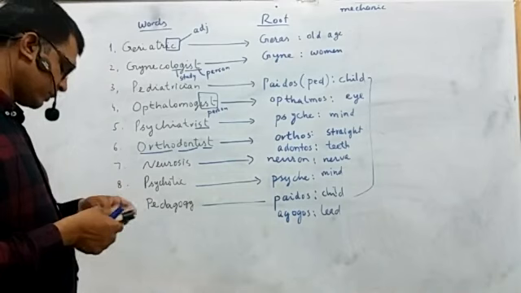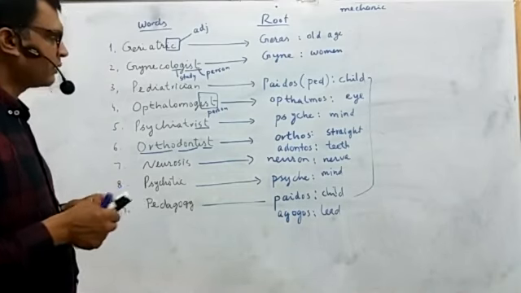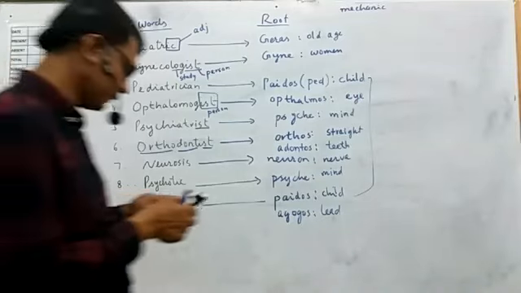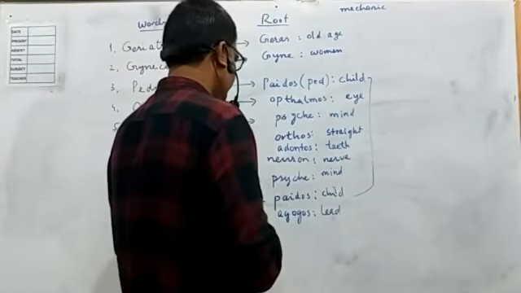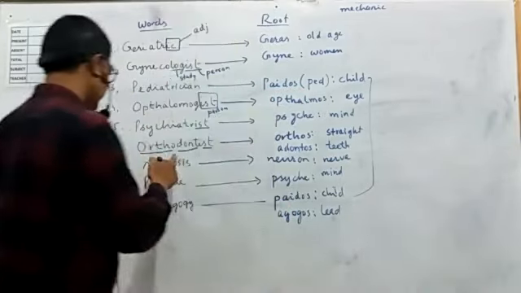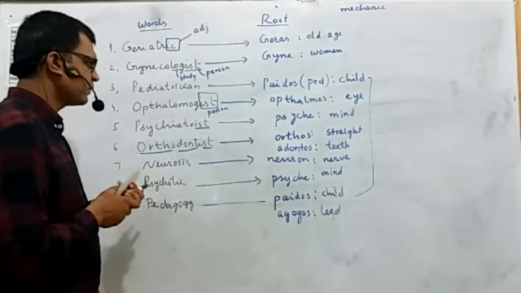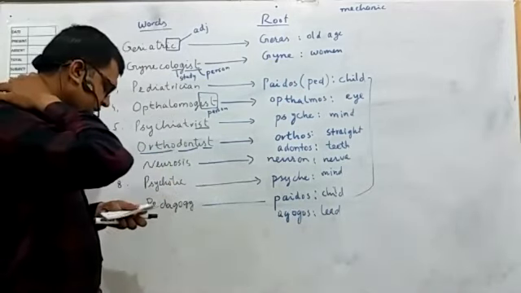For instance, I'm going to give you a few more examples. For example, we have a word like orthodontist. Orthodontist is with the orthos, meaning straightening, and odontist is with teeth.